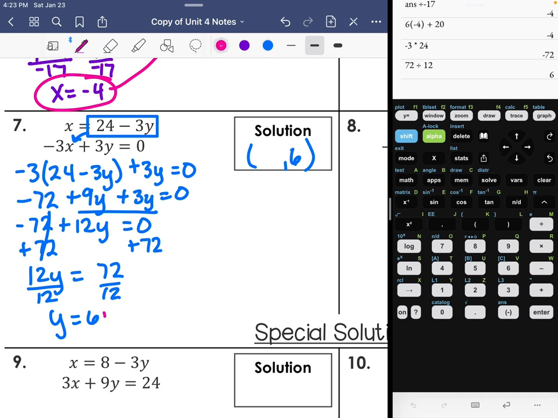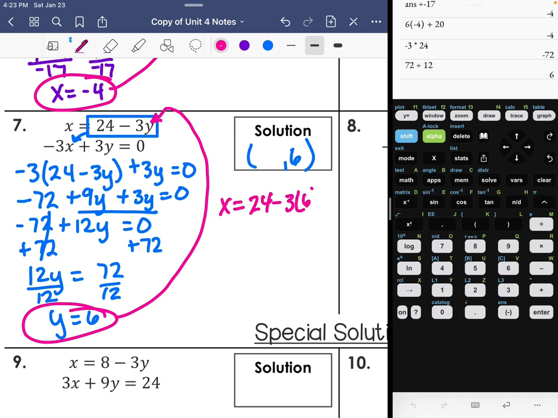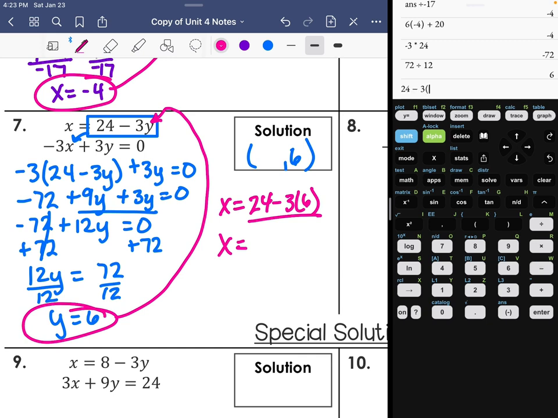Then I'm going to take 6 and substitute it back in for that y in the top equation so that I can find x. So x equals 24 minus 3 times 6. This can go into your calculator. 24, minus 3 times 6.